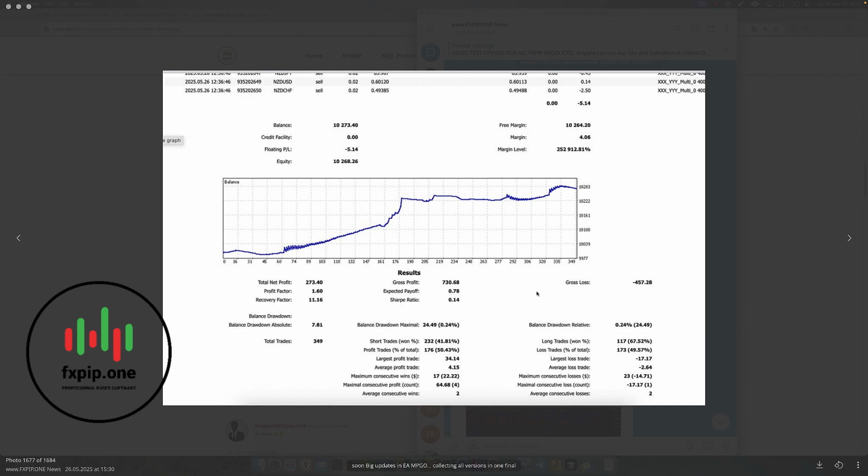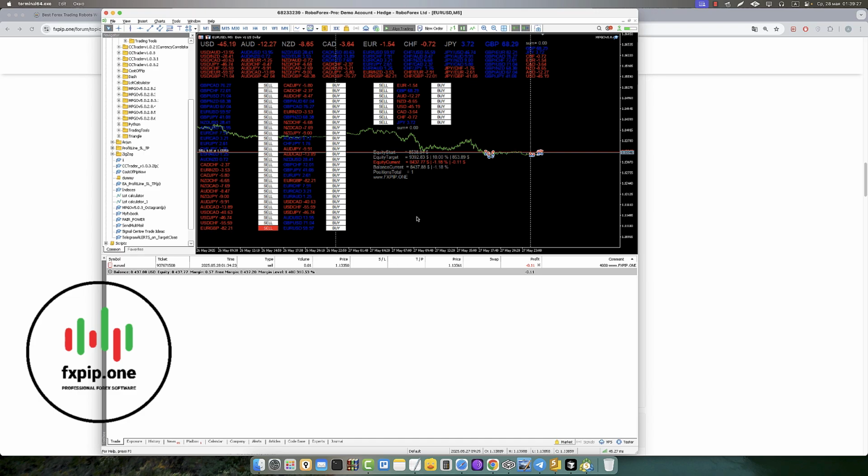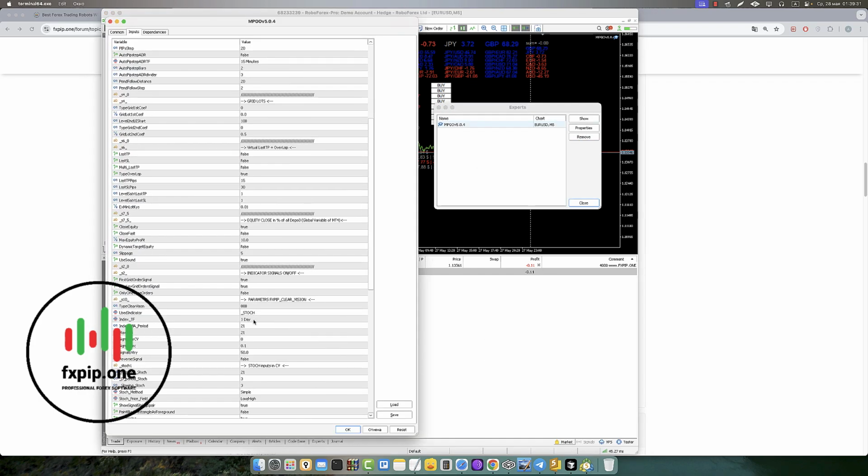You can test it also in parameters. This parameter is here. You can find equity close, and you can see close fast false or true. If you press true, you will close all orders really fast, in 1 second. But if you make it true, you won't get the beautiful balance as I showed.